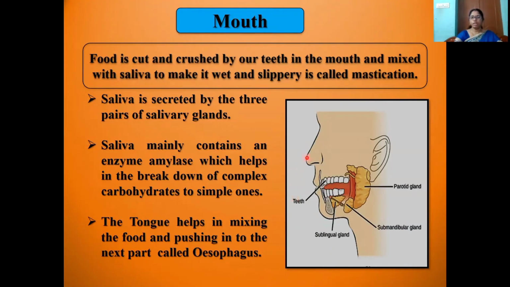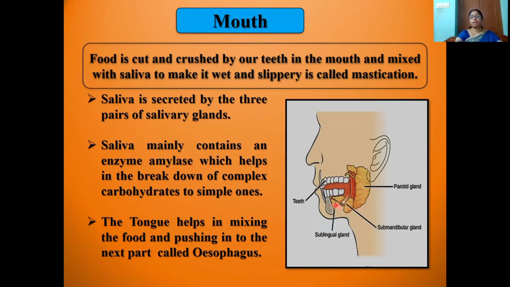Children, we can see this picture. This is the mouth. Our digestive system starts with the mouth and our food is taken in by the mouth. These are teeth. Food is cut and crushed by our teeth. These are salivary glands.